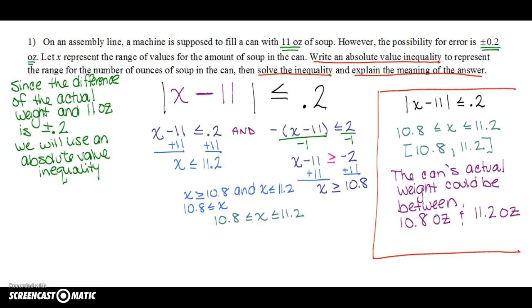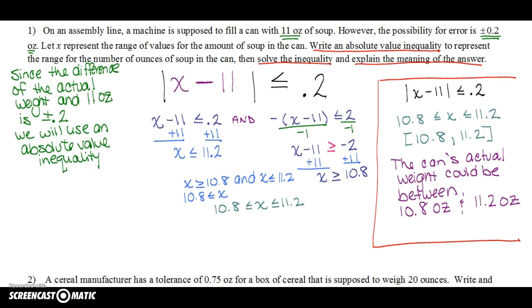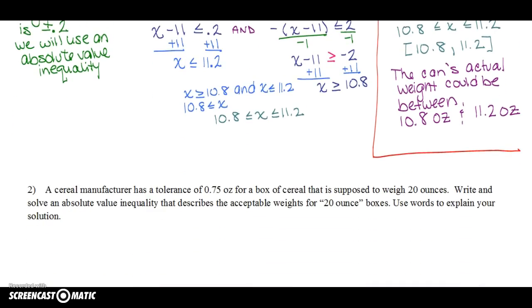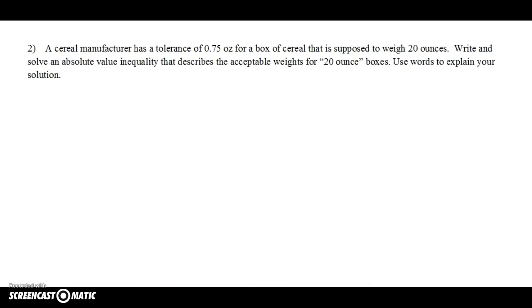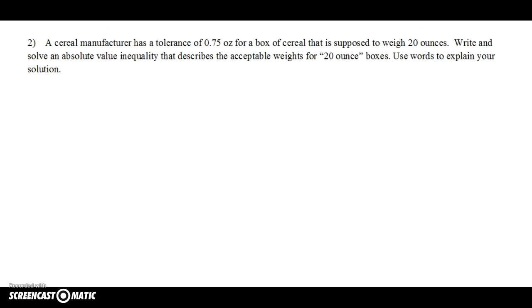Now, what I would like for you to do is pause and try the second example on your own. So, even though the problem looks a little different, we still have to write and solve an absolute value inequality and use words to explain the solution.